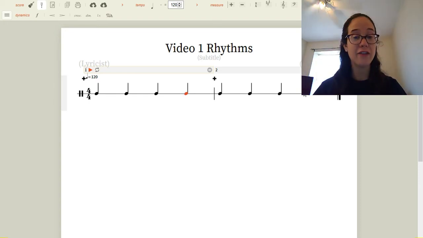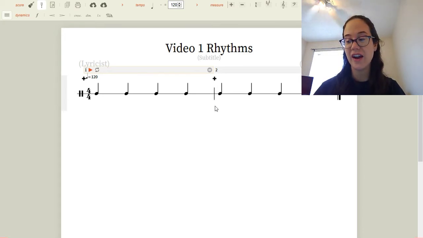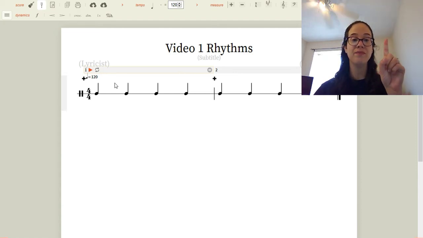So if we're thinking math fractions here, you can see that this would be 1/4 of the measure. Now you may have noticed that we're seeing 2 measures here. They are divided by a bar line. More about that tomorrow. And if we were to speak them back to back, we would say 1, 2, 3, 4, 1, 2, 3, 4.